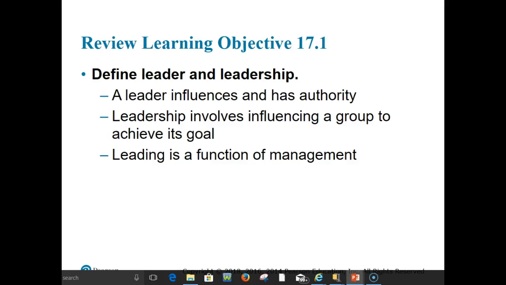So in review of our first learning objective, a leader is someone who can influence others and who has managerial authority. Leadership is a process of leading a group and influencing that group to achieve its goals. Managers should be leaders because leading is one of the 4 management functions.